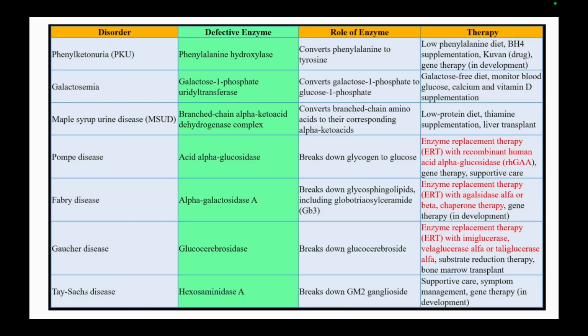What are these metabolic disorders? Metabolic disorders are those caused by defects in different metabolic enzymes like phenylalanine hydroxylase, which converts phenylalanine to tyrosine.